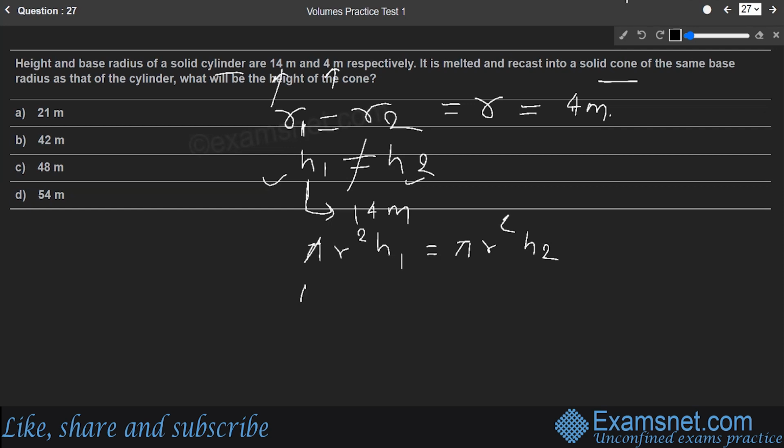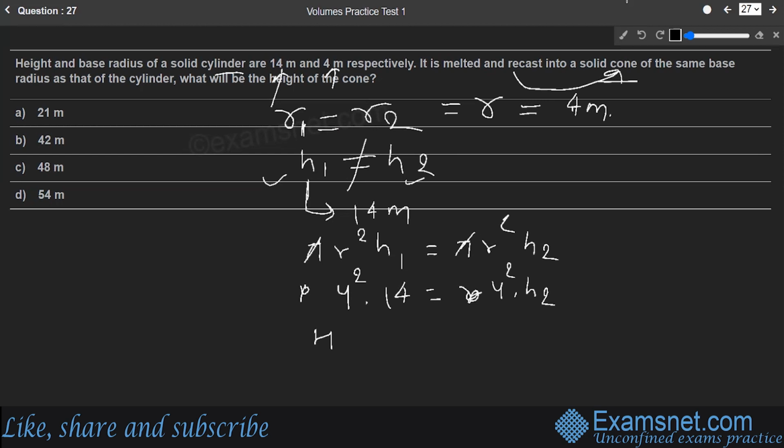So pi and pi get cancelled, so we are left with r value 4, so 4 square into h1 value 14 is equal to r square, r value again 4, so 4 square into h2. So this is what we are supposed to find out. The volume of the cylinder remains the same. But the problem here is the next shape is a cone.